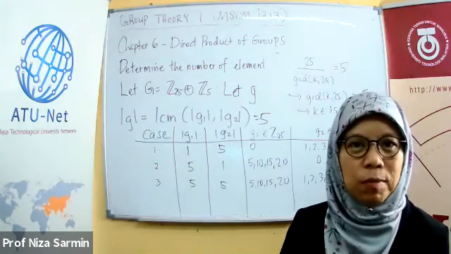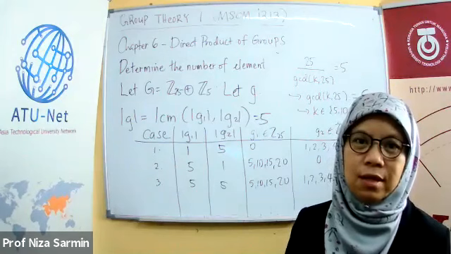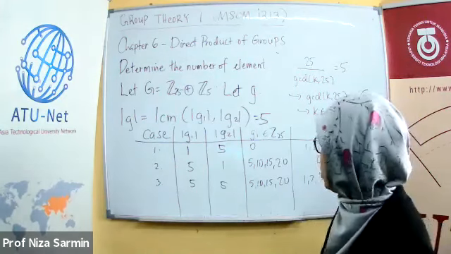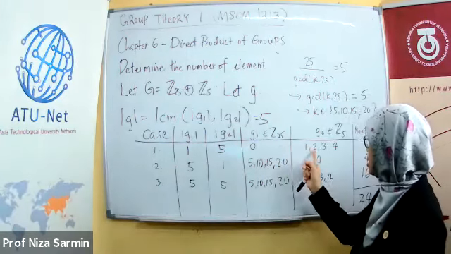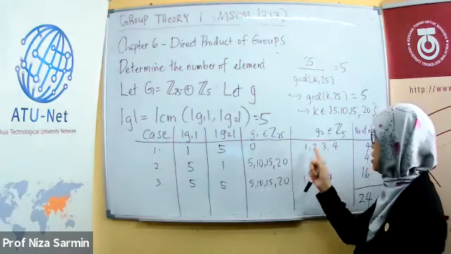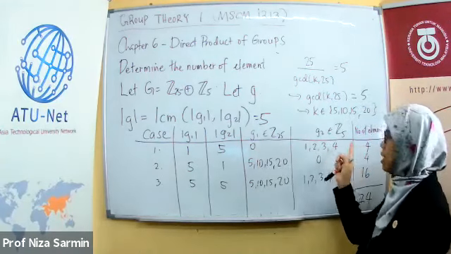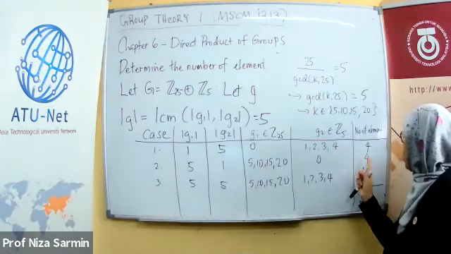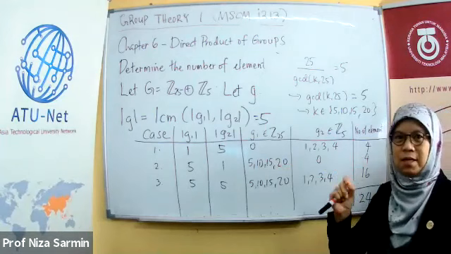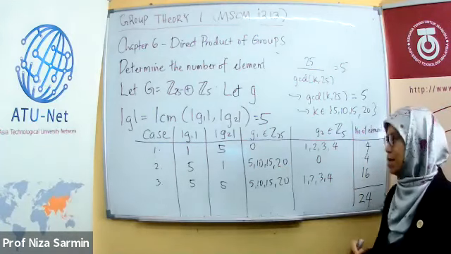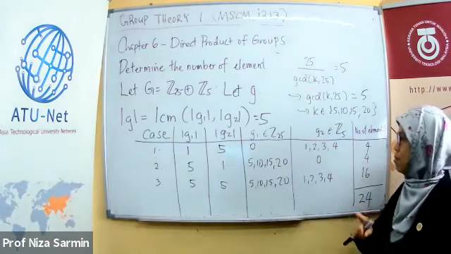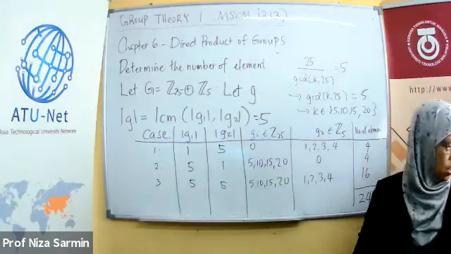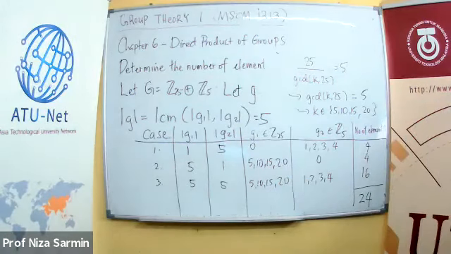But you have to make sure they are all different, because if you take any from here, these 4 elements here will generate the same cyclic group. So you have to take one from here, one from here, one from here.